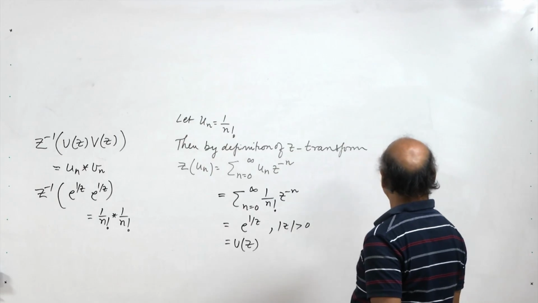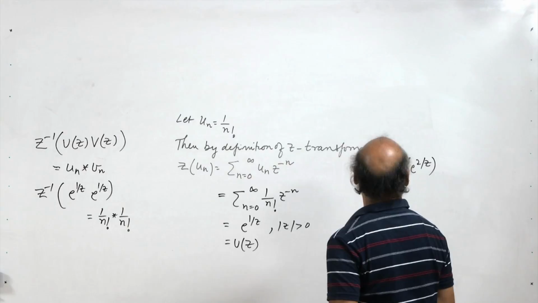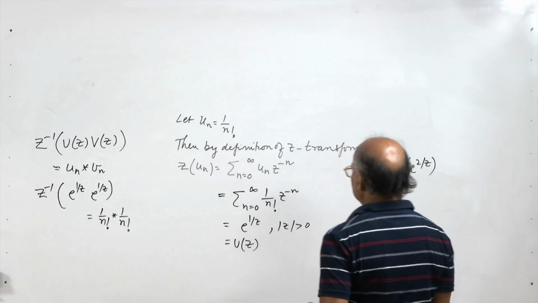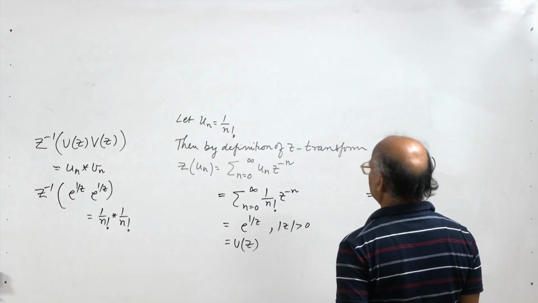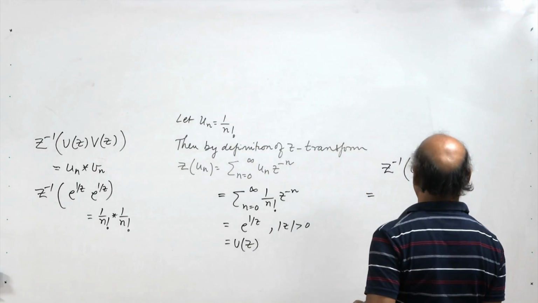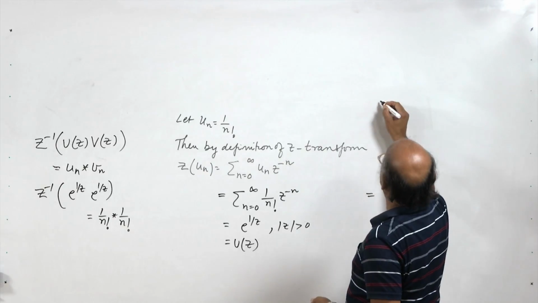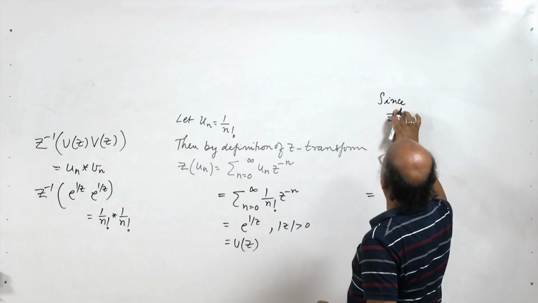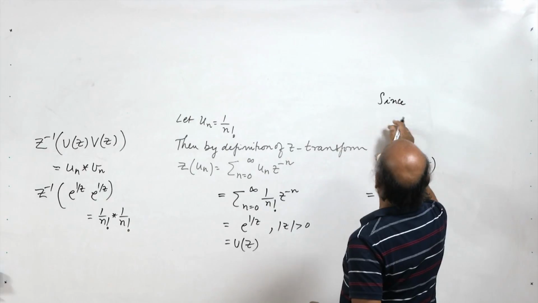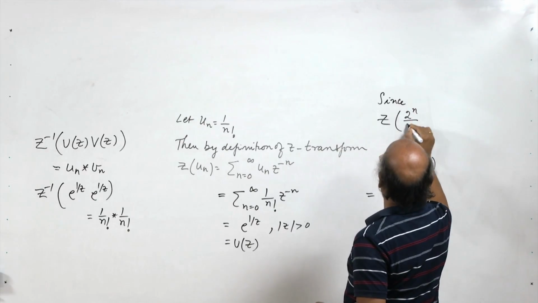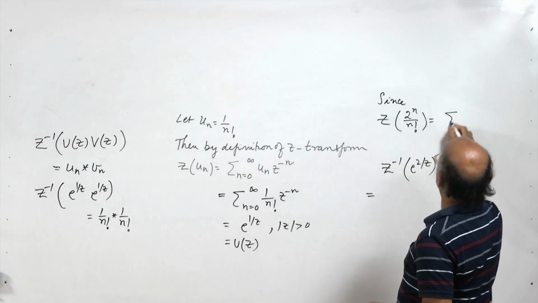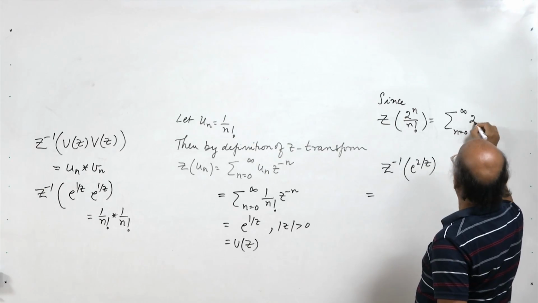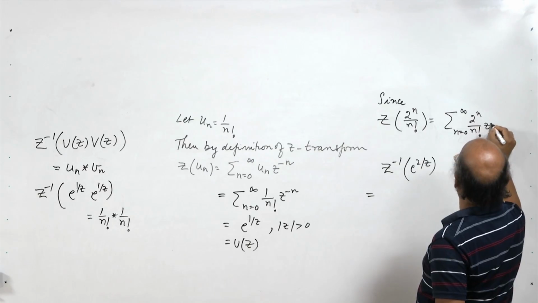So, it is Z of 2 to the power n by n factorial we have, because if we take this sequence, this is summation n equal to 0 to infinity 2 to the power n by n factorial Z to the power minus n.